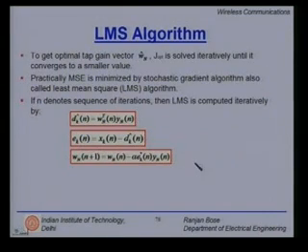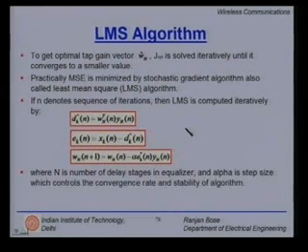Today these are fairly standard, and you can get your weight vector by following them. Here n is the number of delay stages in an equalizer, and alpha is the step size, which controls the convergence rate and the stability. If you increase alpha, the rate of convergence increases, but your stability suffers; it will not finally settle down close to the optimal value. So, alpha is usually adaptive; it can be changed on the fly.